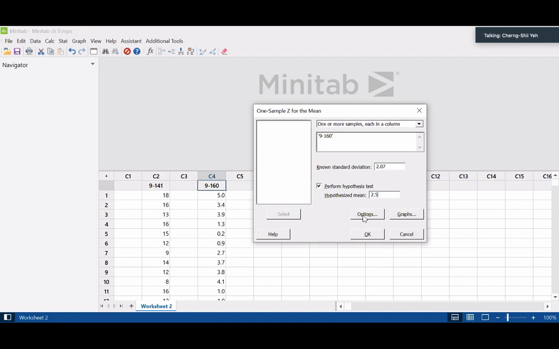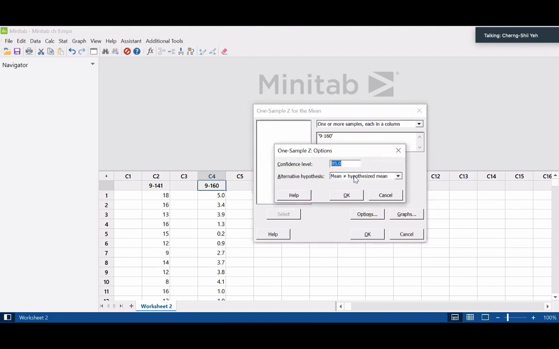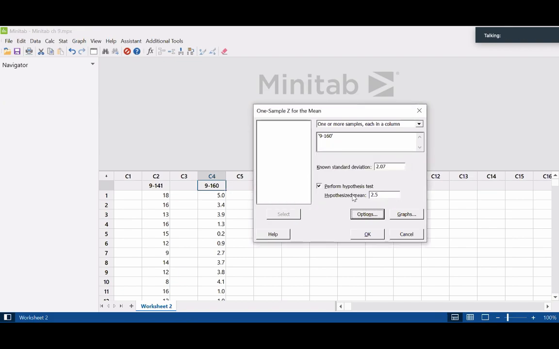Let's go to Options. Options allows you to set up your alternative hypothesis and also your alpha. Our alpha is 0.05, so the confidence interval is 95%. Okay, if you click on this drop-down menu, you do have the option to set up a two-sided or one-sided hypothesis testing.